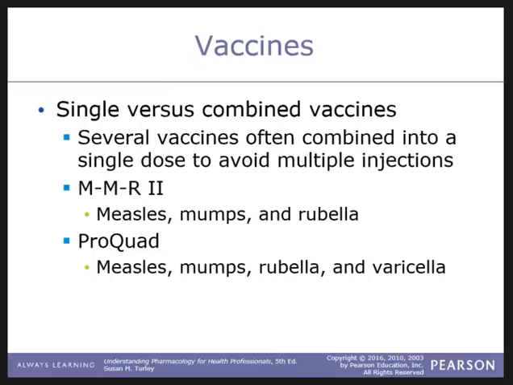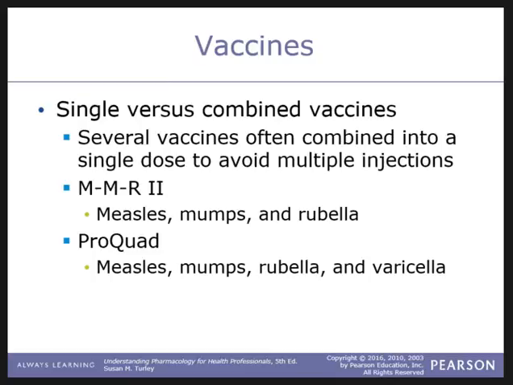So, combined vaccines are primarily mixing things that could cause a disease that are on the same dosing schedule. So there's the measles, mumps, rubella, or MMR vaccine.